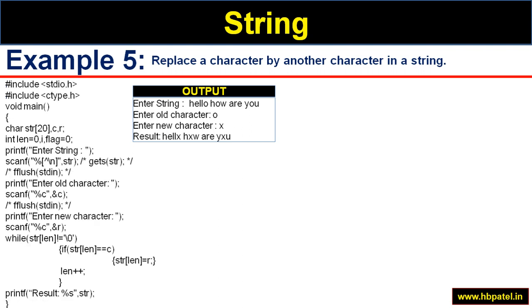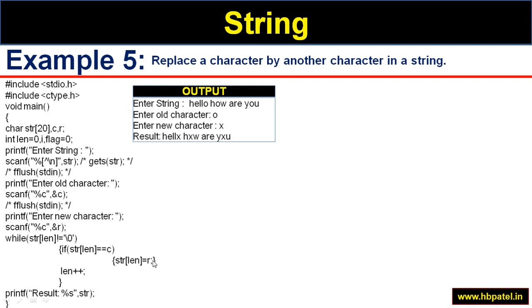So the program is again very simple. I'm reading a string. Then I'm asking to enter the old character, &c. So this is my o. So c is holding o and the new character r. r holds x. So while str[i] is not equal to null, first I'll check if str[i] is equal to c, means is equal to o. If it is the case, I'll be simply putting r into it.